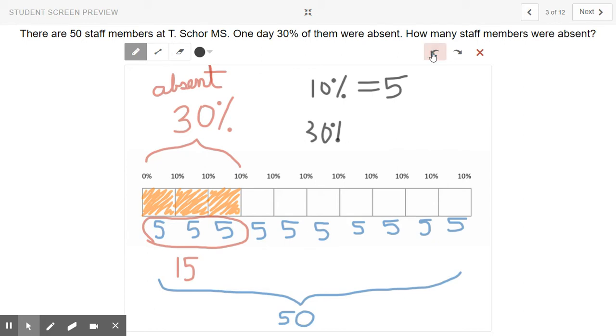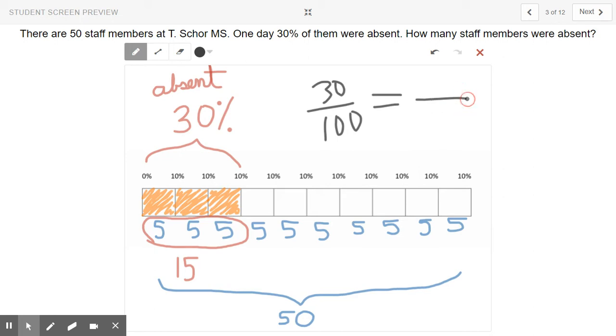And then another way to solve this: 30%, I could write it as 30 out of 100 because percent means out of 100. There are 50 staff members. So since it's out of 50, you know that a fraction means parts to a whole.